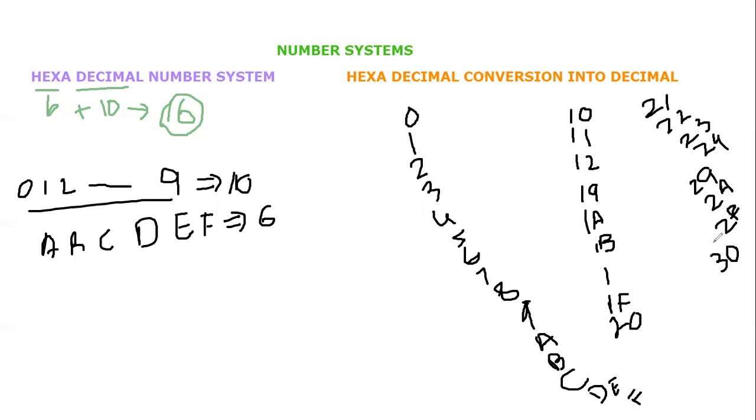Once you arrive at FF, both digits in the two digit number are at their maximum value. So you cannot increase the number in two digits. This is the highest number available in two digit format in hexadecimal.